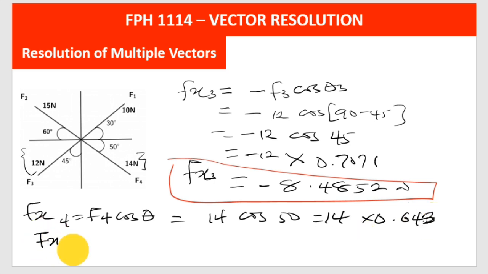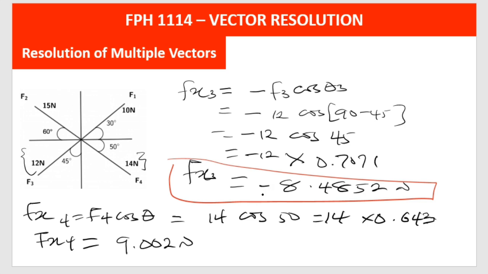So Fx4 is equal to 14 times 0.643, which gives us 9.002 Newton.